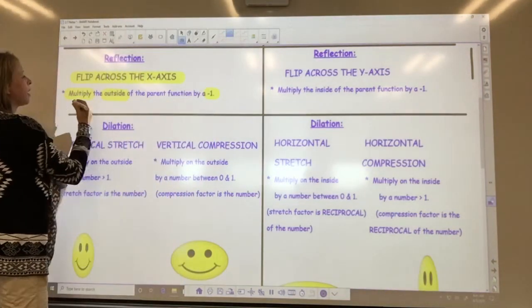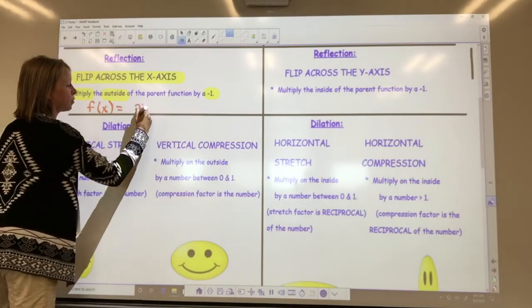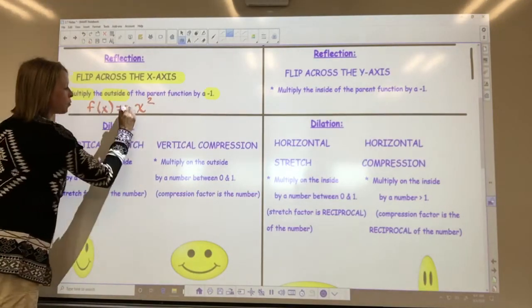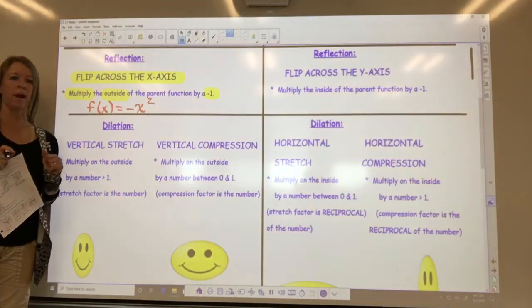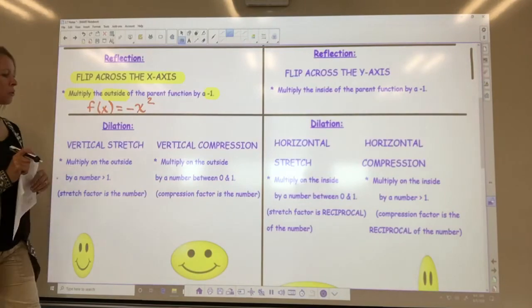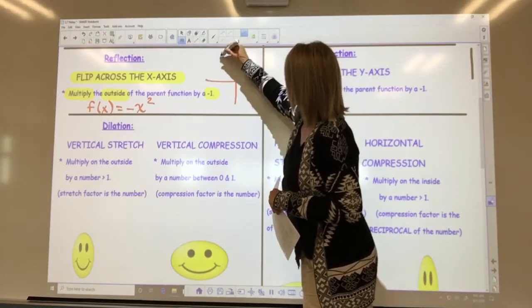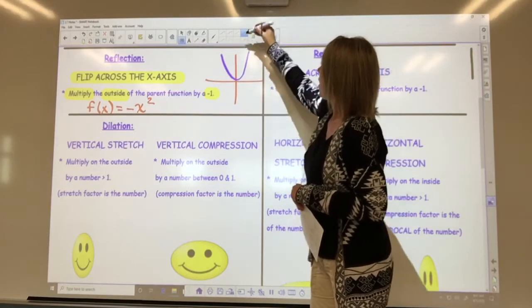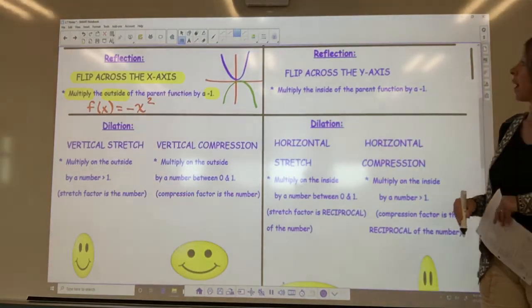Okay? So how might that look for f of x equals x squared? Well, here's my parent function. If I'm going to multiply by a -1 on the outside, I'm just going to place a -1 right out there in front. If we were to graph this, you would see on the calculator the parent graph like this, and then you would see the reflected graph look like that. It would be flipped over the x-axis.